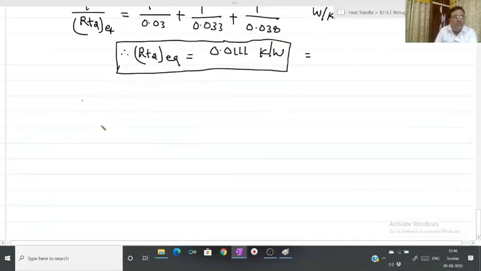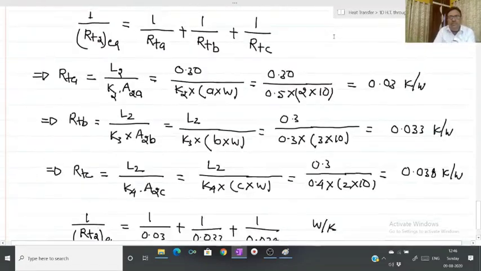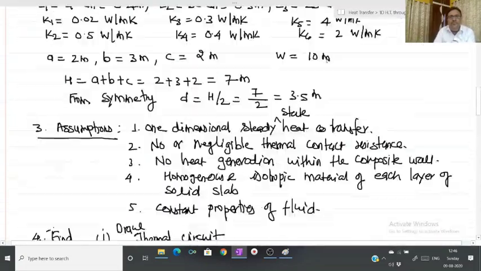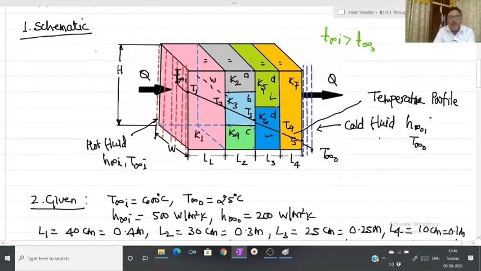Similarly, now the third slab, which is made up of two different materials.